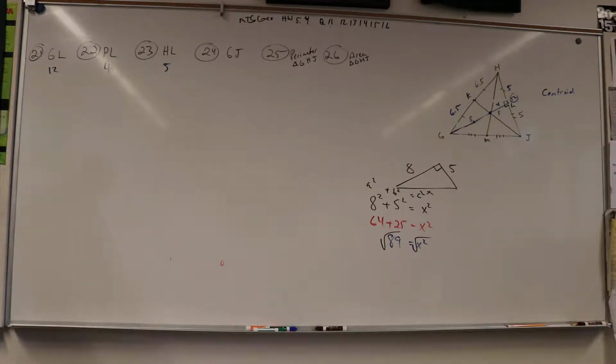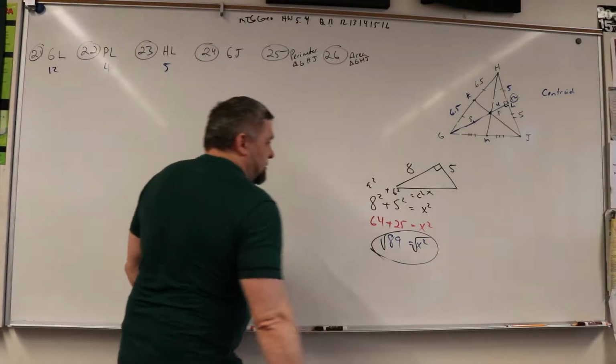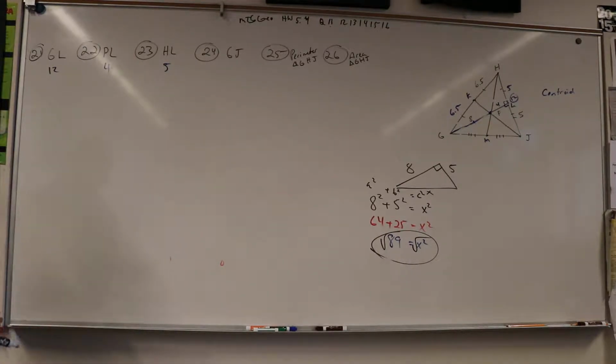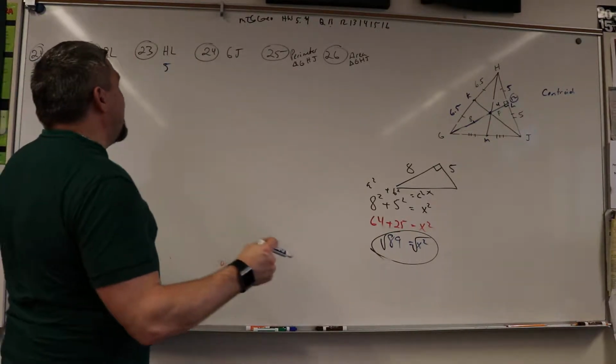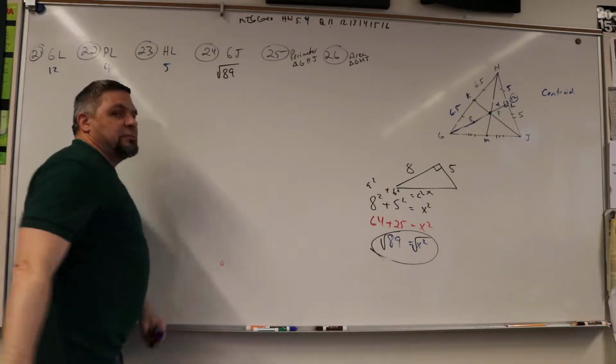89. It's not divisible by 3, not divisible by 2, not divisible by 5. 7, no. 11, no. 13, no. So it's done. That's how big GJ is. So GJ is the square root of 89.